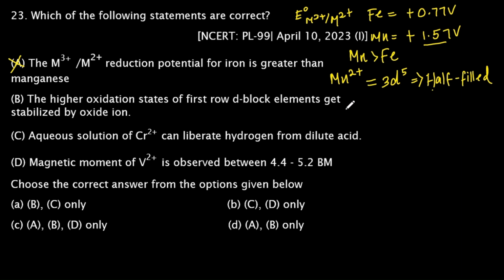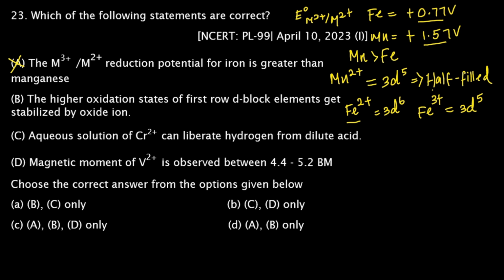But in case of iron, Fe2+ has the configuration 3d6, but Fe3+ has the configuration 3d5. So only after the removal of the third electron does iron have the half-filled 3d configuration. So it is easy to remove the third electron from Fe2+. So it has a low reduction potential value. So the first statement is wrong. Iron having a greater value than manganese is wrong.